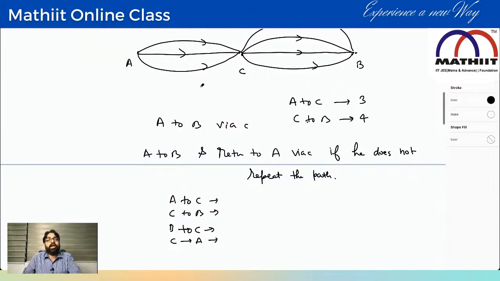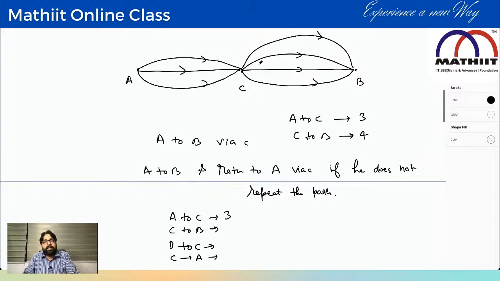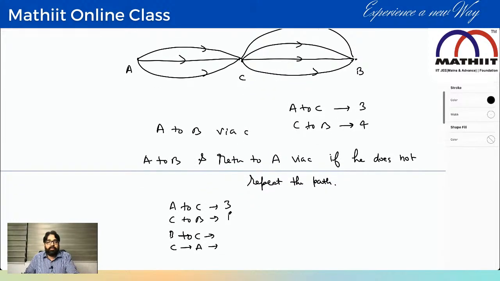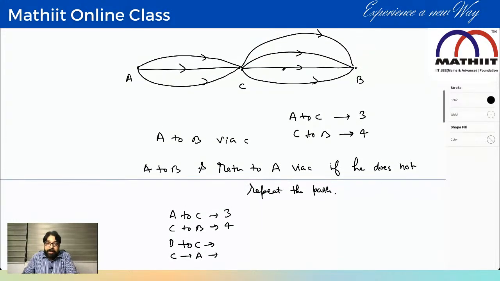A to C, no condition. Whatever path he wants, he can take. This is called free selection or free arrangement, whatever you want to say. This is a free path. Here, 3 ways. Then C to B, free path. Any path he can take. No condition. 4 ways. Now B to C is coming.